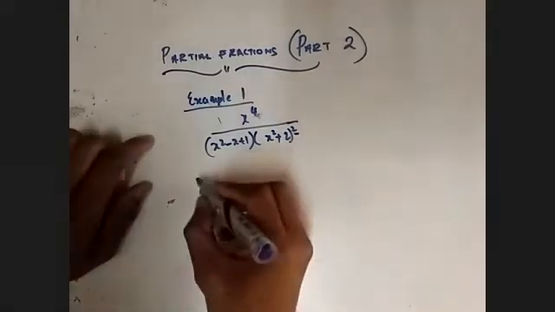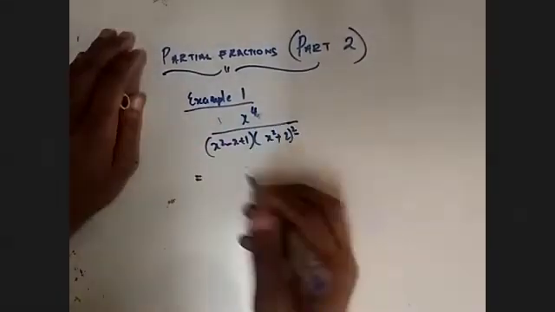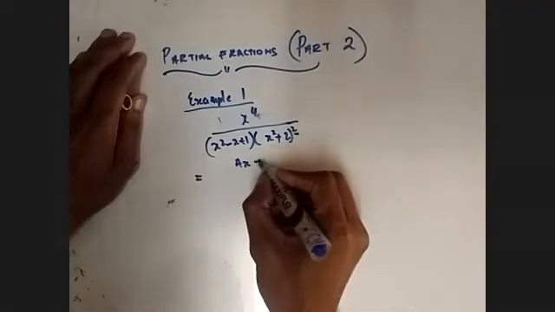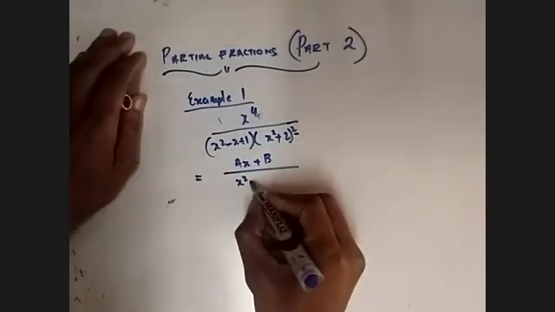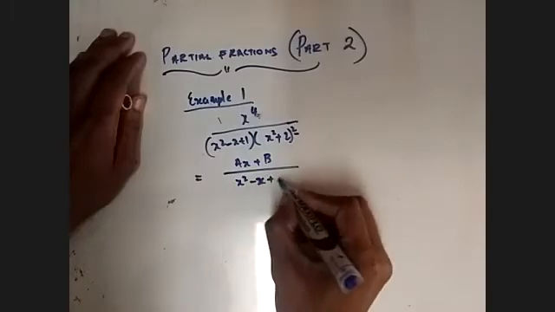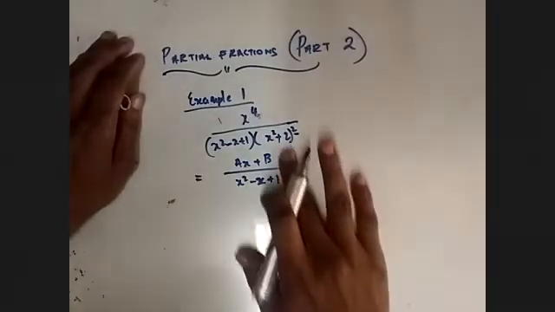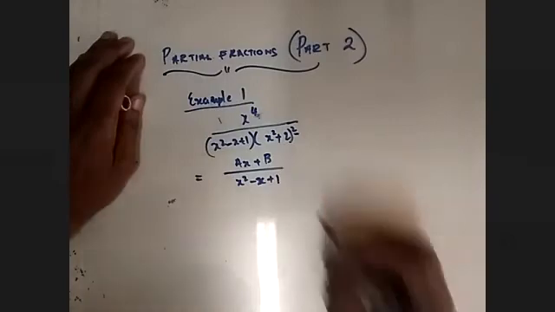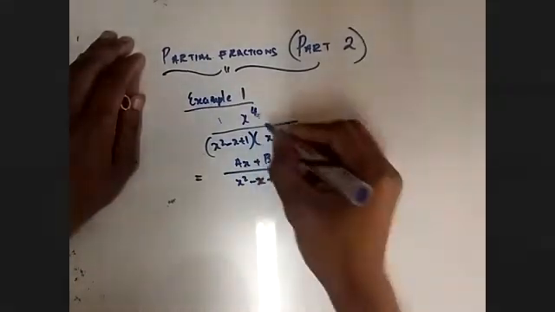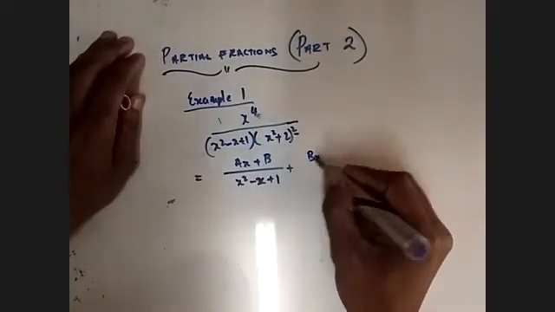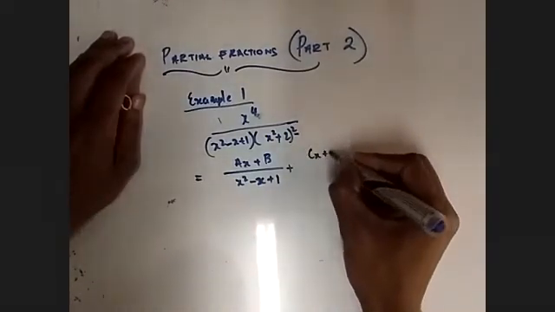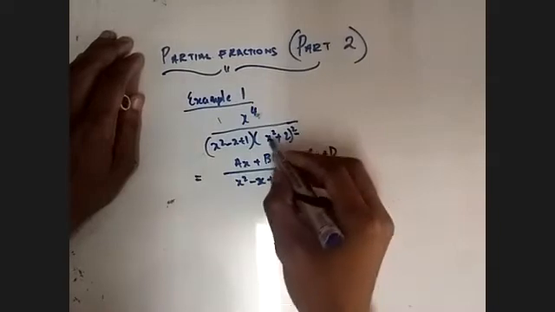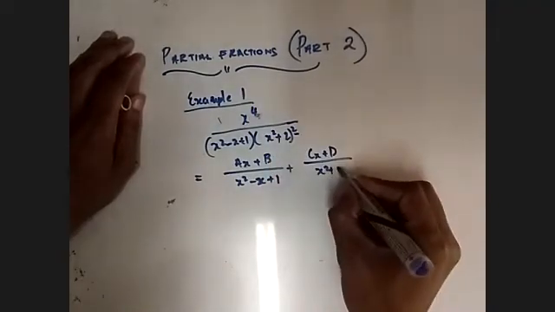Therefore, for the first part, we give it this as our numerator, and what is in the denominator is the first part of the factored irreducible quadratic. The second part is given by cx, not bx, cx plus d all over the first part, which is x squared plus 2.